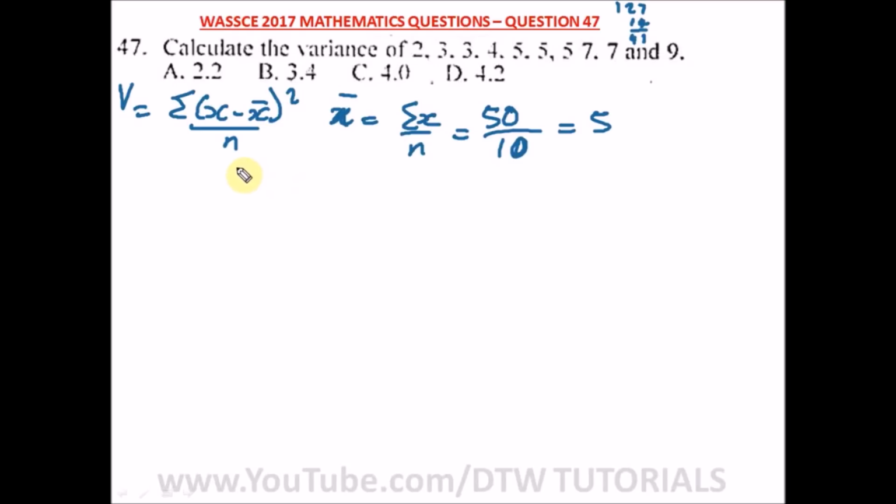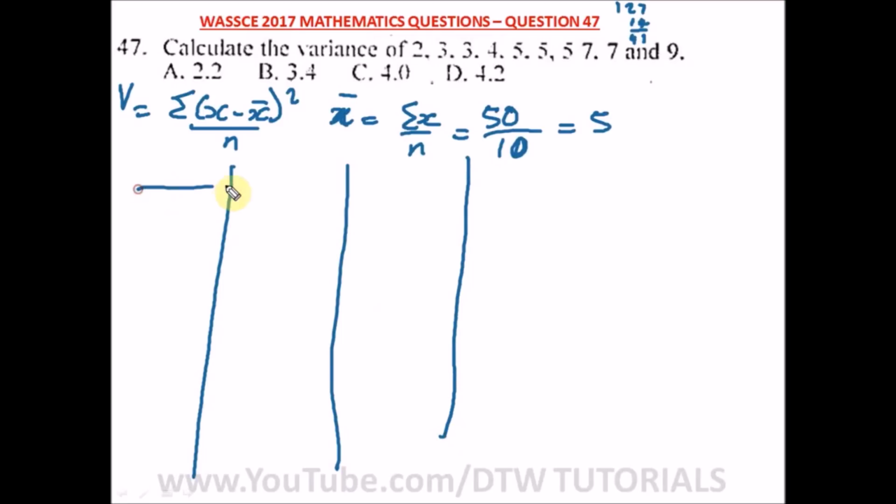So from here, we have to draw our table. To solve this is easier with a table. This is our n, this is our x, then x minus our mean, and x minus x mean all squared.